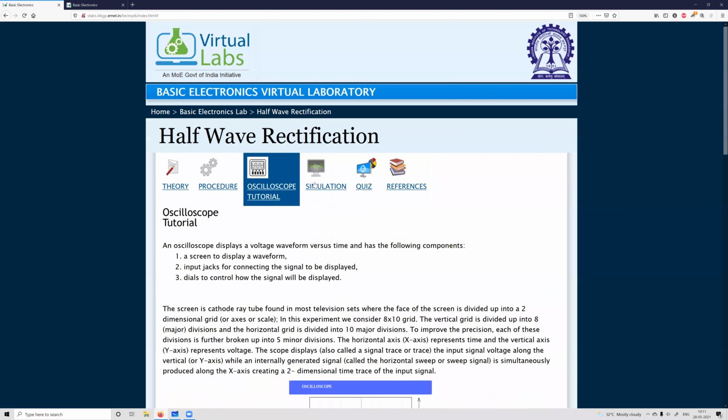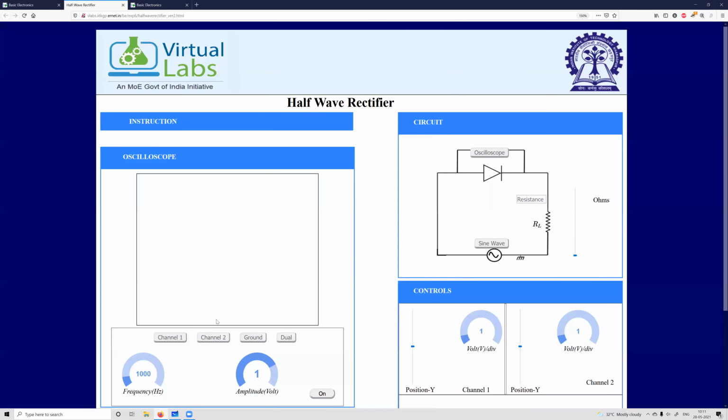Click on the simulation, and click half wave rectifier. So are you seeing this page?